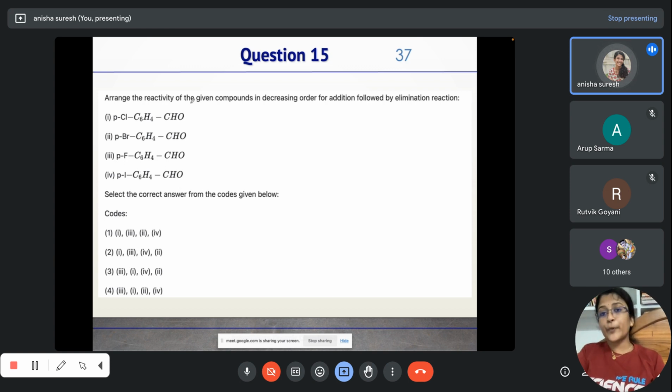This sort of problem was discussed during the lectures of addition elimination reaction. So you will be able to find the correct answer from the codes that are given below. First will be 1, 3, 2, 4. That is the decreasing order they are mentioning. Then 1, 3, 4, 2; 3, 4, 2, 1; 3, 1, 2, 4.